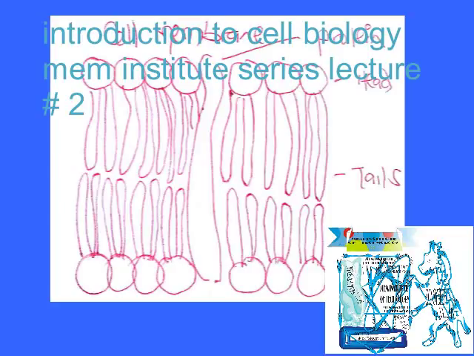So the commonest phospholipids include phosphatidylglycerol, phosphatidylserine, phosphatidylinositol, lecithin, and phosphatidylethanolamine.